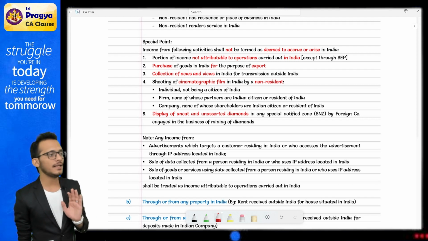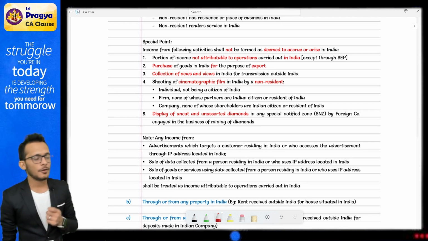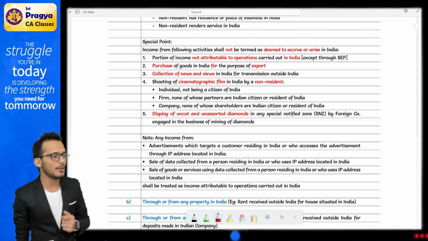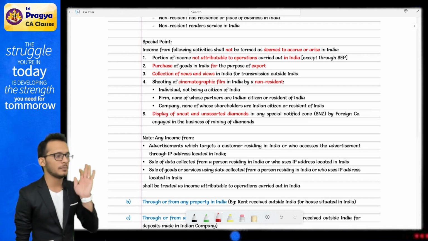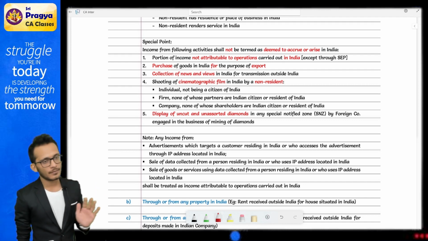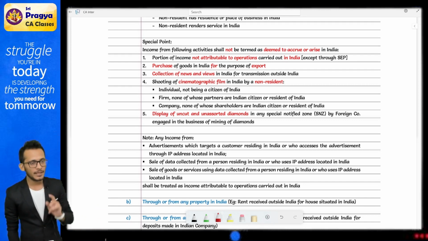Last, if you are a foreign company displaying diamonds, then also it's not taxable in India. Now please understand the last line talks about display, which means if you sell it is taxable, but if you sell outside India it is not taxable because it becomes an export. Clear, not clear? Everyone be careful about this.